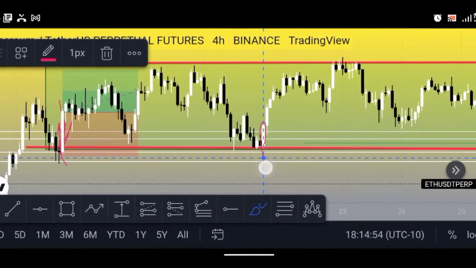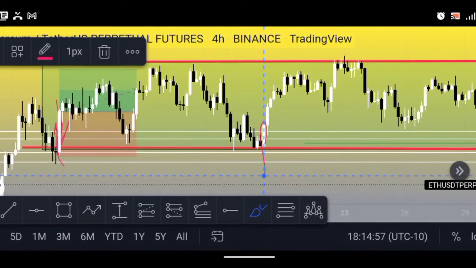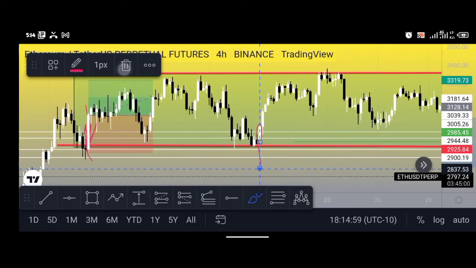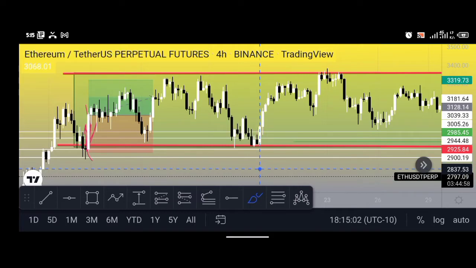This momentum candle here, because it engulfs the bearish candle. So if you want to place a trade there, make sure that bullish engulfing candle has formed.